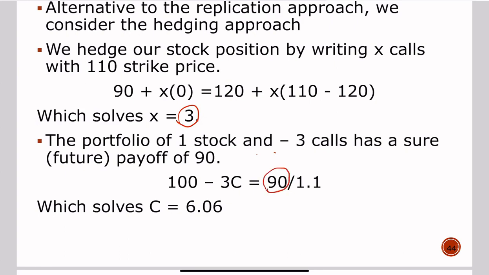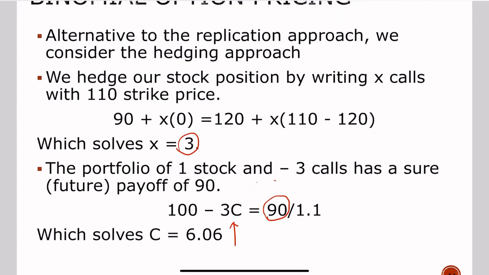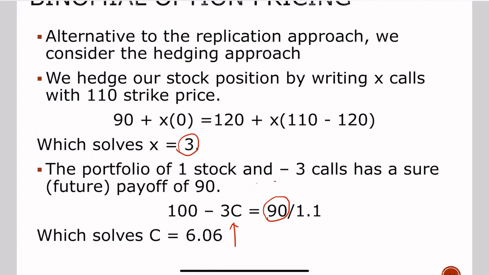And after finding out this $90, you can find out this C, or the call option value. So essentially, the hedge ratio is the first step to value the call or put option when you're using this hedging approach, right?